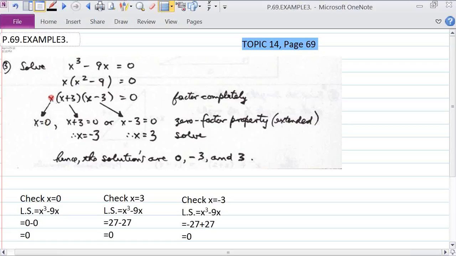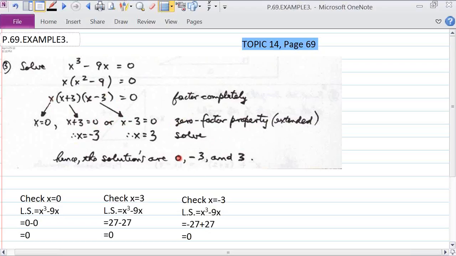So we get this equal to 0. Either x is equal to 0, or the x plus 3 is equal to 0, or the x minus 3 is equal to 0, according to the zero factor property. We've got 3 possibilities of these being 0.